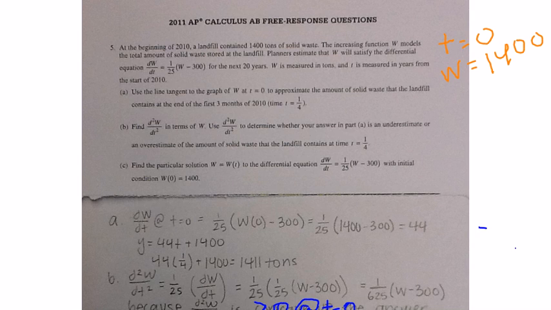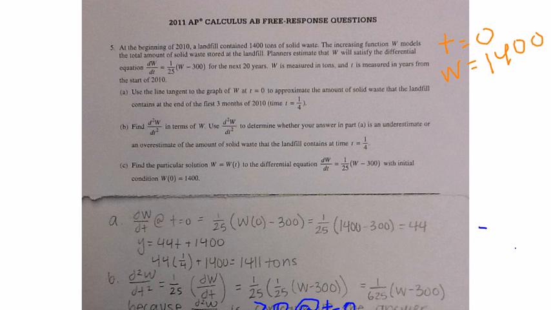So for question A, it says, use the line tangent to the graph of W at t equals 0 to approximate the amount of solid waste that the landfill contains at the end of the first 3 months of 2010, time t equals 1/4. So when I first read A, I just ignored the whole approximation part of it, because the first step in part A is just finding the tangent.